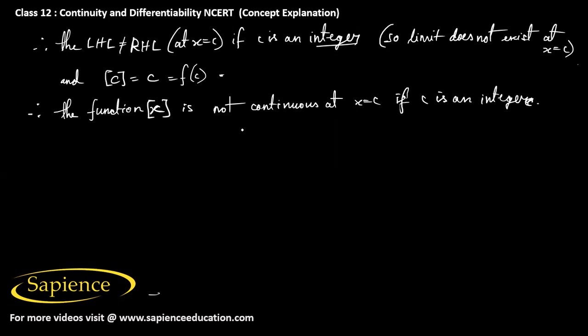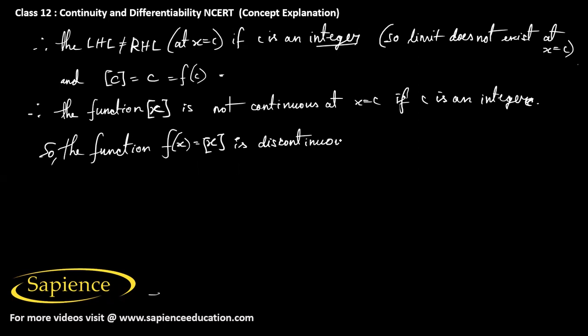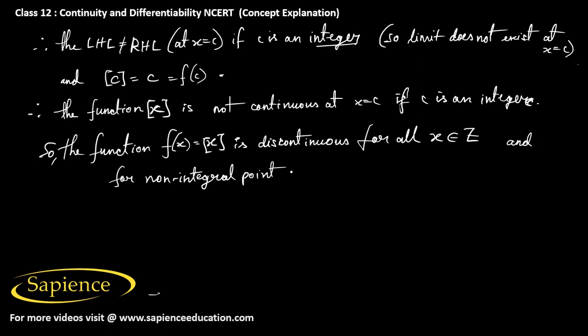So I can say that the function f of x equal to bracket x is discontinuous for all x belongs to Z. It means that for all integral values of x, it is discontinuous, and for non-integers, the function is continuous.